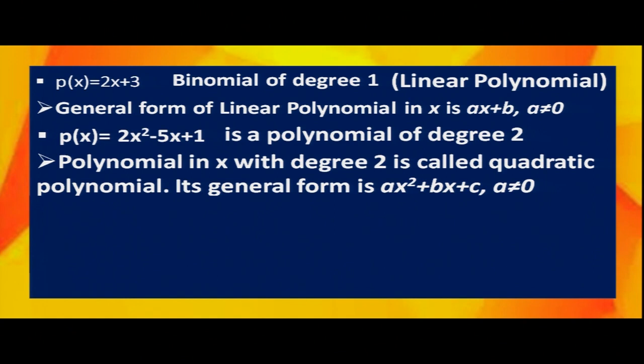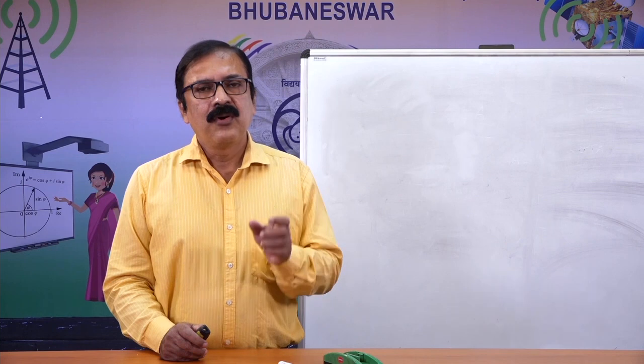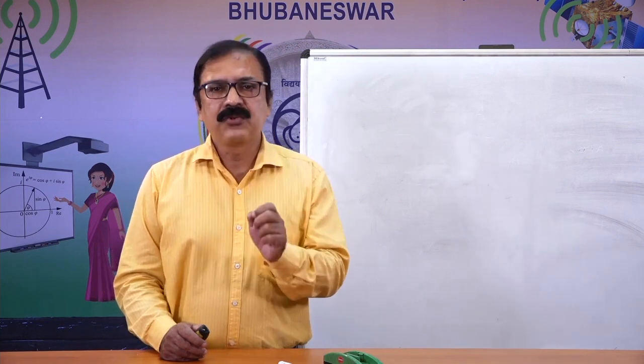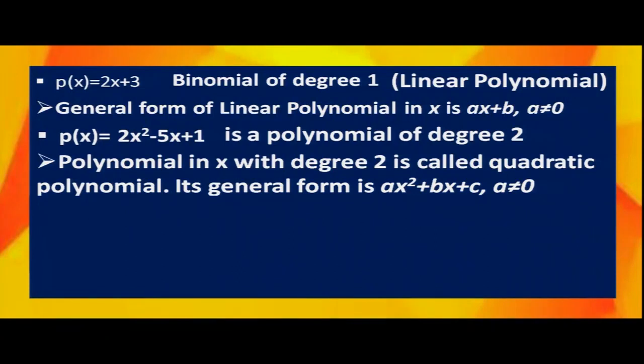That means if you write only ax^2, it is a quadratic polynomial. ax^2 + bx is again a quadratic polynomial. ax^2 + c is a quadratic polynomial. But if we write bx + c, it becomes a binomial of degree 1. So the coefficient of x^2 must not be 0.